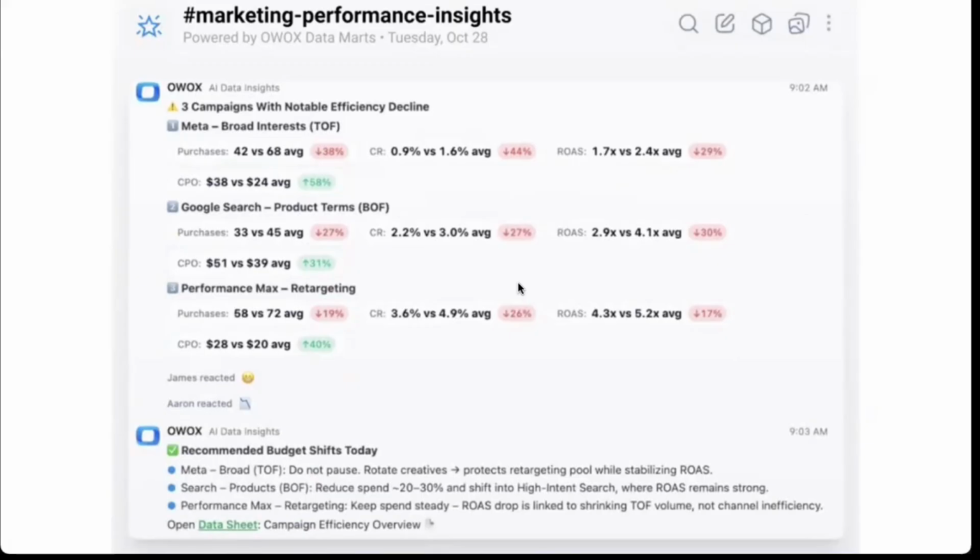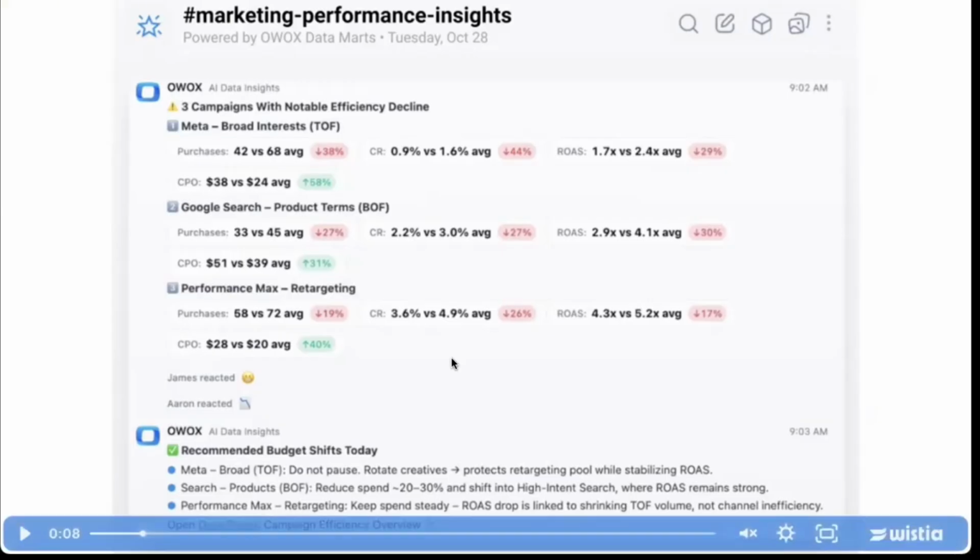It's just the highlight of the problem that they have to focus on. And here we can see that some of those campaigns are highlighted not to be paused. Some of them are highlighted to have their spend reduced, maybe shifted. The spend should be shifted to another campaign.